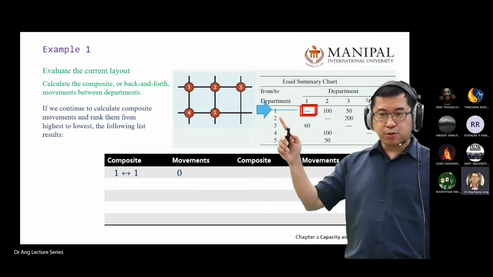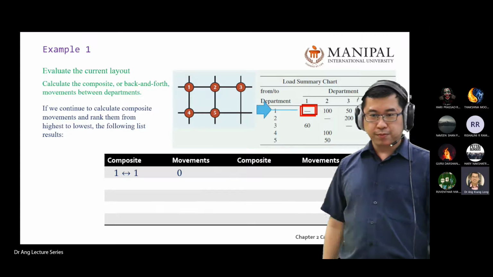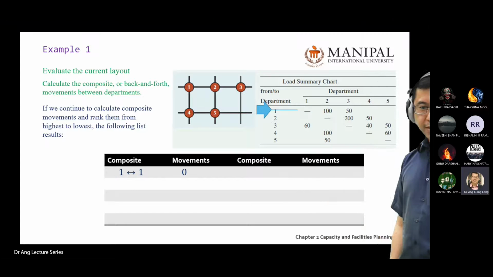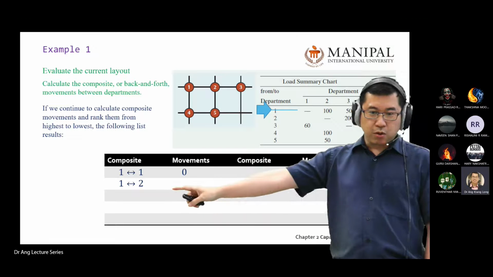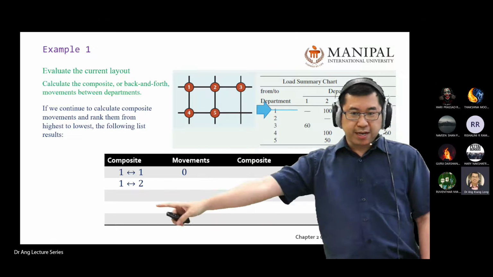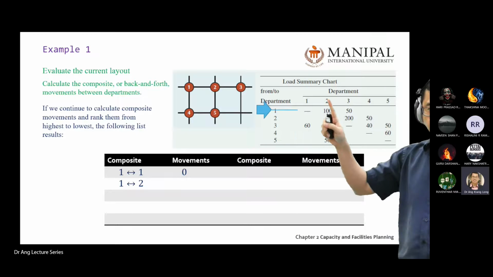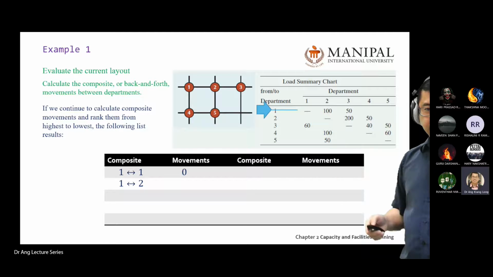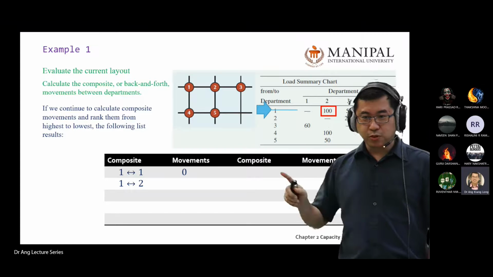Next, I continue to stay in department 1. I look at 1 to 2. Can you guess the movement? 1 to 2 movement and 2 sends back to 1. 1 to 2, you get 100. Remember, you need to send back the material from station 2.